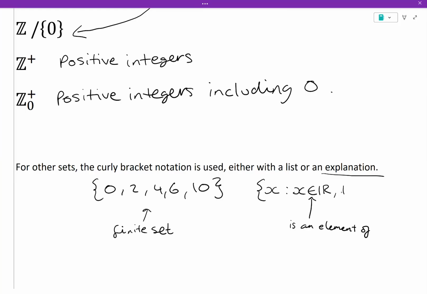So we might write the following: x is a real number and x is between 1 and 2. So it's essentially any number you can think of between 1 and 2, including 1 and 2, like 1.23, 1.278, and you can keep going to that extra decimal place. That's why we would use this notation to summarize all the values in this set. That would also be an infinite set technically, although it's infinite in a slightly different way to the ones above because it is bounded between the 1 and the 2.